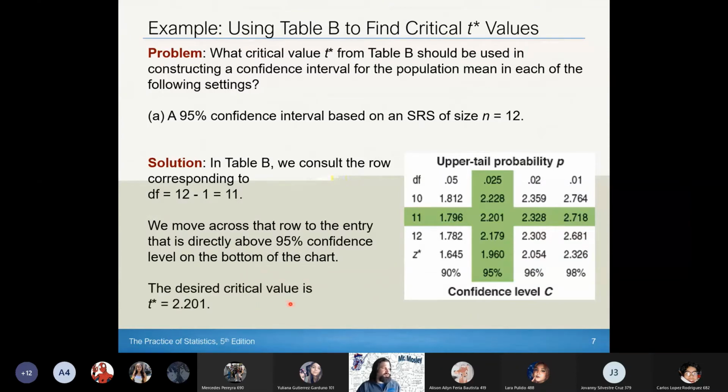The desired critical value is t star equals 2.201. Right, so we use this in a similar fashion that we use table A, where we line these things up and find the intersection. So we just got to practice using it.